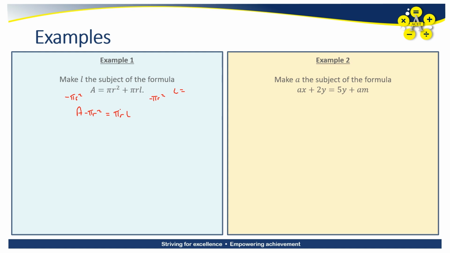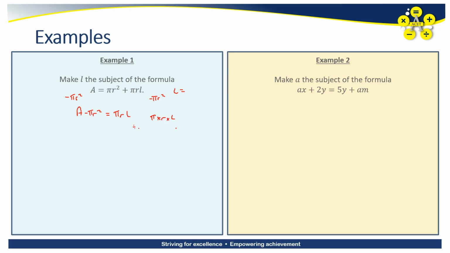Now what we have to remember is pi rl means pi times the radius times the length. So to do the inverse of this multiplication, I need to undo the multiplied by r and the multiplied by pi. I'm going to do the opposite of that, which is to divide. I could do it one step at a time, but I'm just going to do it all at once.